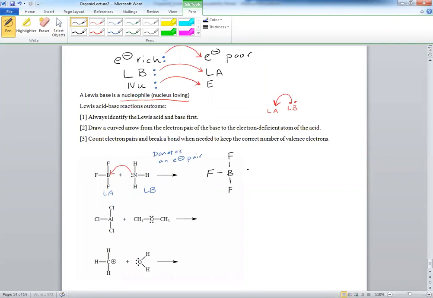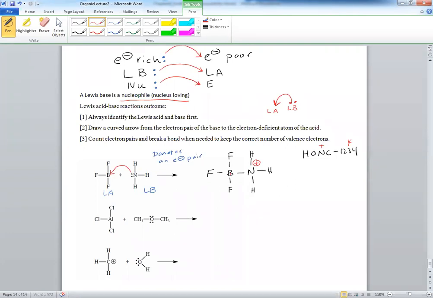Now, formal charges are your best friend. N is now supposed to have 3 bonds. Anything above that, this is going to be a positive. So yes, this is positive.